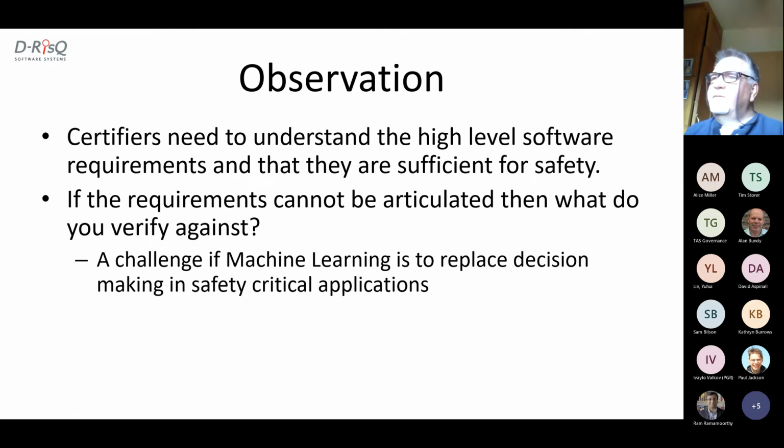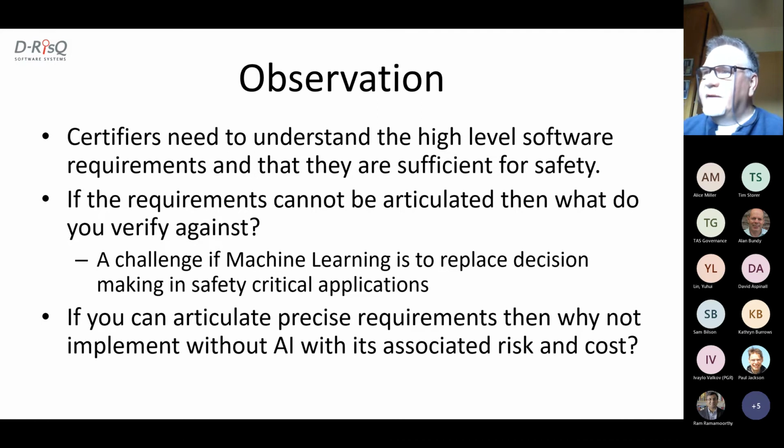Then, if the requirements cannot be articulated, what do you verify against? And I believe this is a challenge for machine learning if it's to replace decision making in safety critical applications. Don't misunderstand me: there's a role for machine learning, but understanding where it can be usefully or cost effectively used, I think, is important.